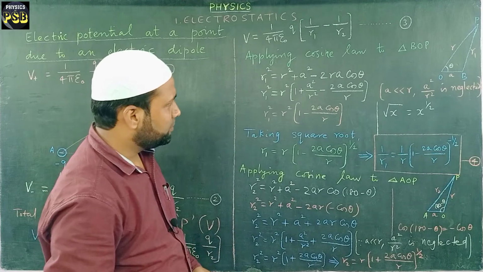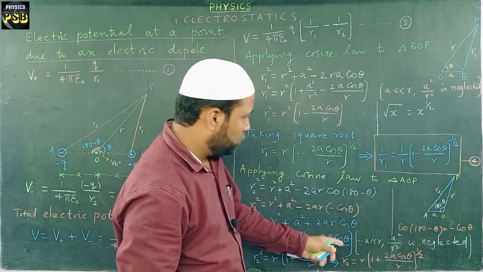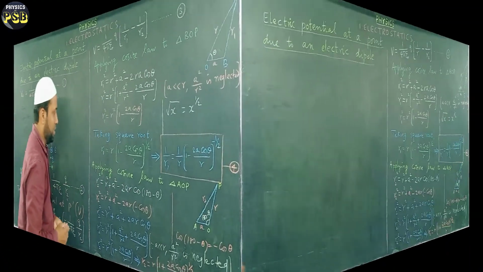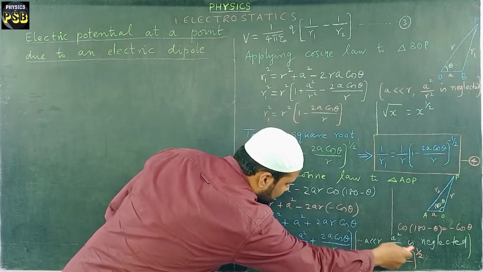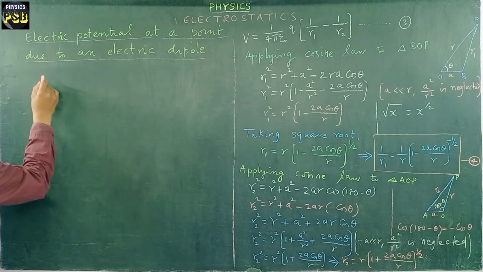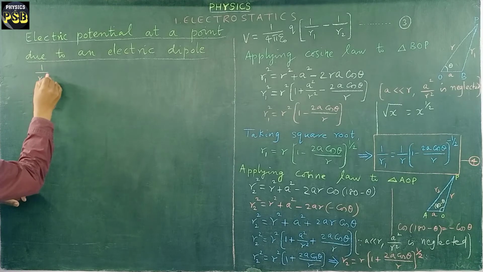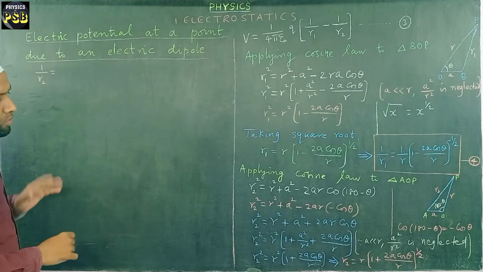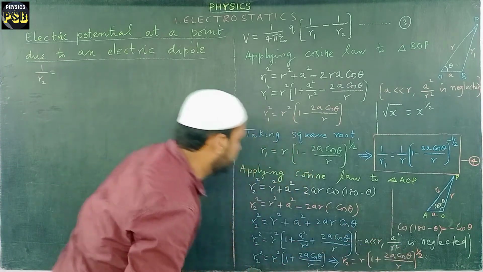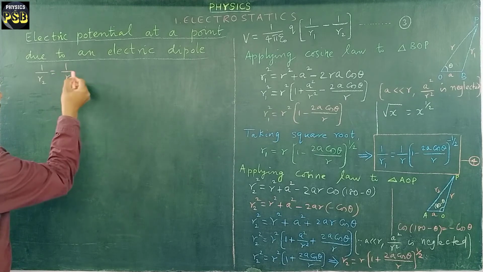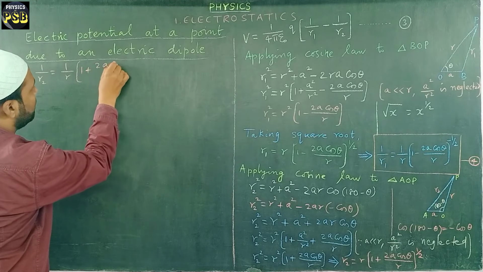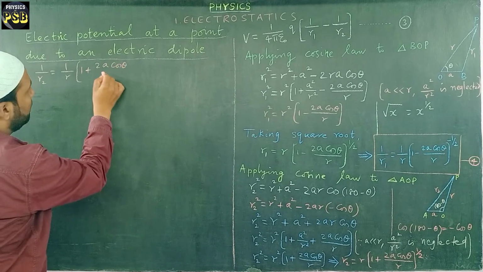Then from this, the 1 upon r2 value can be obtained by following the same method, by taking the reciprocal. Now I take the reciprocal of this expression. r2 is written as 1 upon r2, the same change is made to the other part of the equation: r is written as 1 upon r, then 1 plus 2a cos theta upon r.